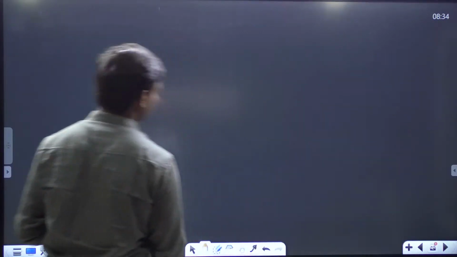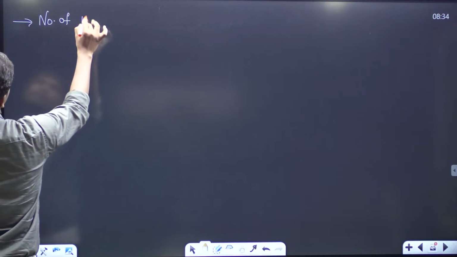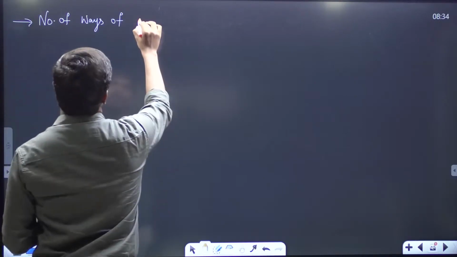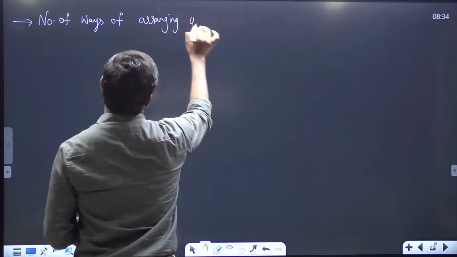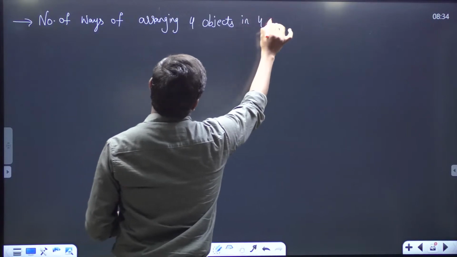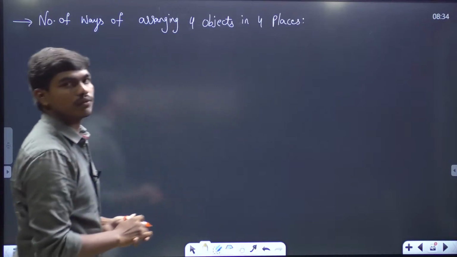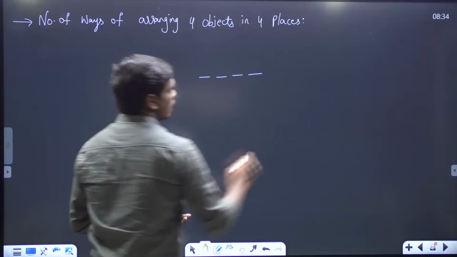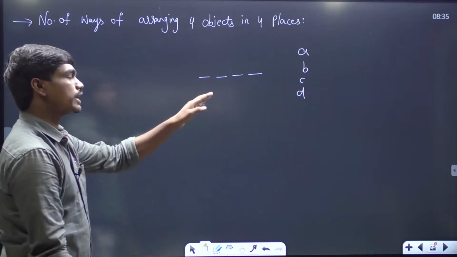Next, tell me one thing. Number of ways of arranging 4 objects in 4 places. See what happens if you have 4 places, 1, 2, 3, 4, for example, and if you have 4 different objects A, B, C, D, then see in how many ways you can arrange.